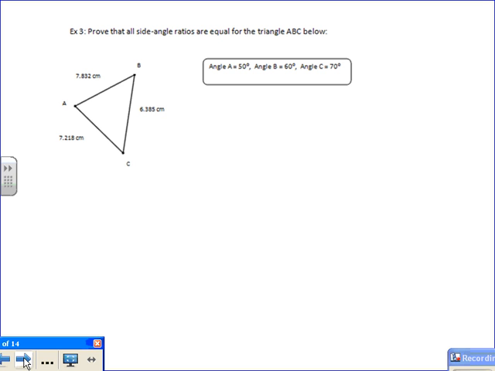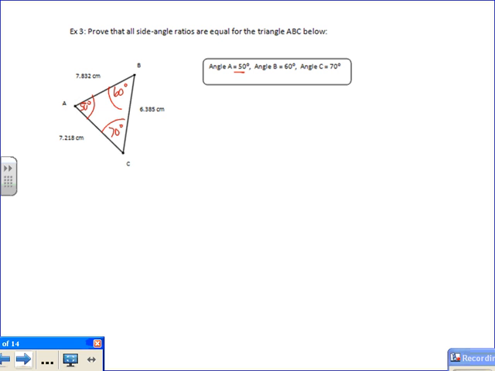So prove that all three of those ratios, the sine angle ratios, are equal for a given triangle that is an acute triangle. We're given all three side lengths. If we fill in the angles here, angle A is 50 degrees, angle B is 60 degrees, and angle C is equal to 70 degrees.